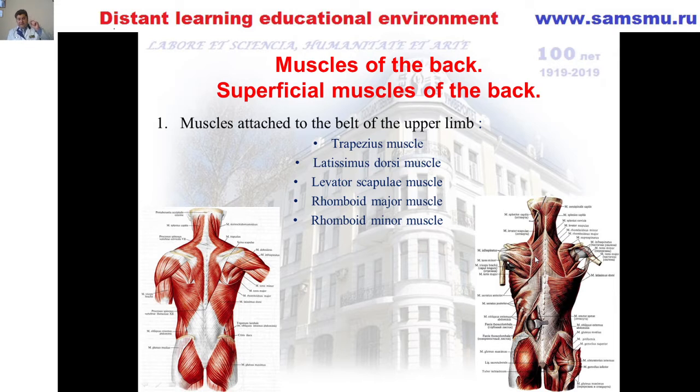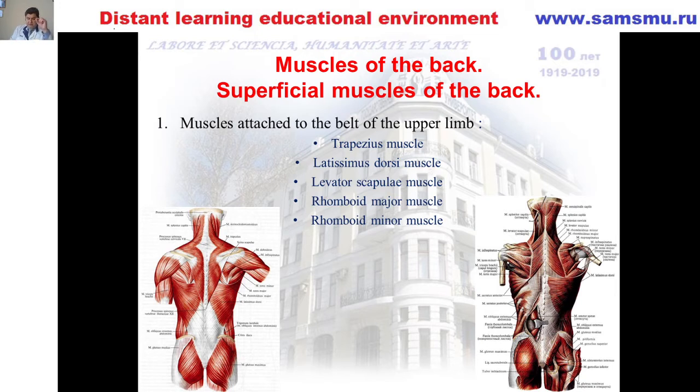So the rhomboid muscles closely adjoin one another under the trapezius muscle and have the shape of a rhomboid plate. They originate from the spinous processes of the lower two cervical and upper four thoracic vertebrae.